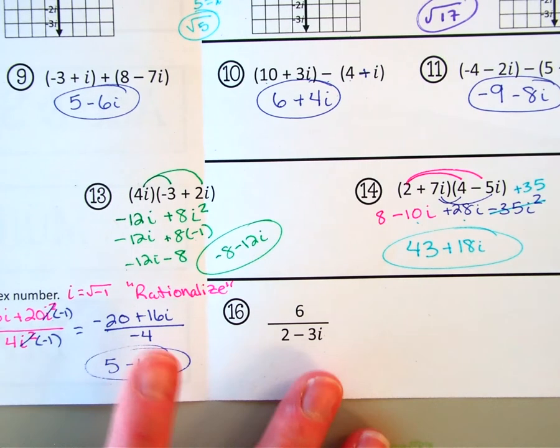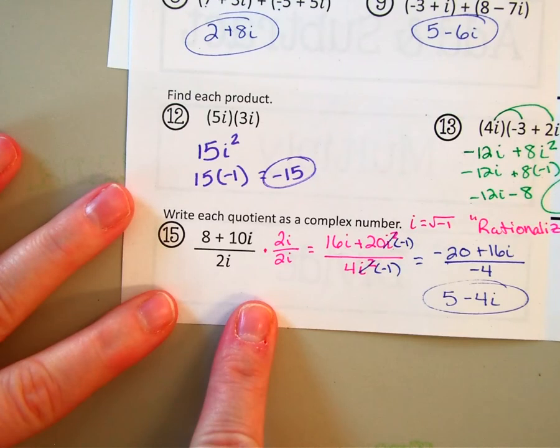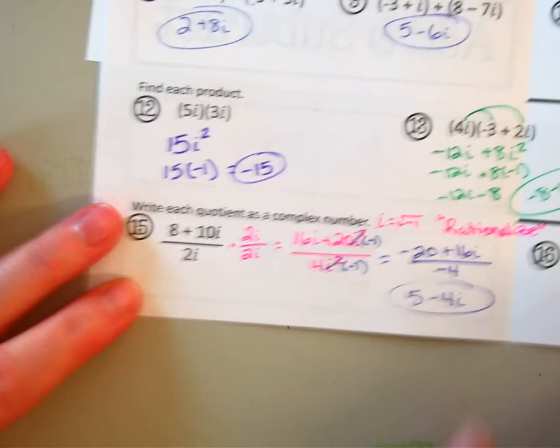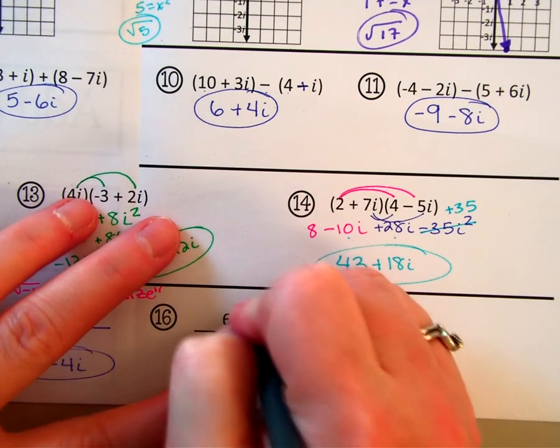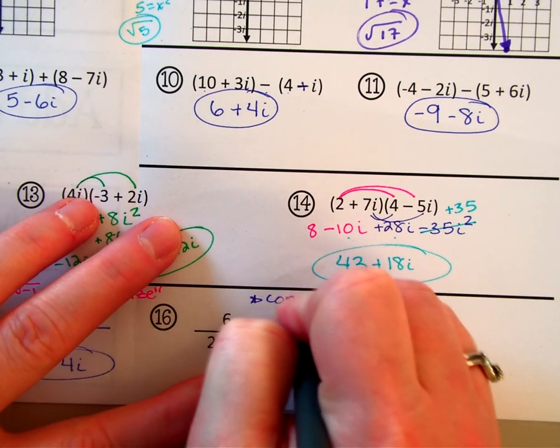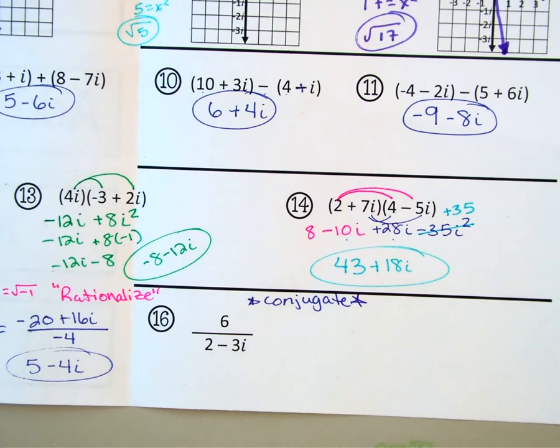And then for our last one over here, when we are dividing, this time by a binomial. So monomial, you just multiply times whatever that monomial is. Binomial, you have to multiply by what's called the conjugate. Conjugate is kind of like the inverse.